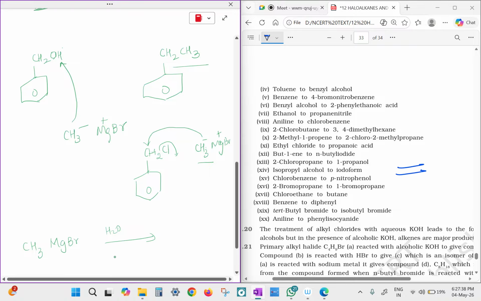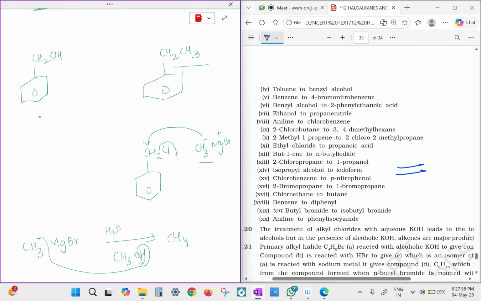From alcohol, say CH3OH, the anion will grab a proton from this protic alcohol and become methane. So you can't use Grignard over an alcohol. What do you do? Convert this alcohol into a halogen. So again treat it with SOCl2 or ZnCl2, HCl and so on. Is it clear?